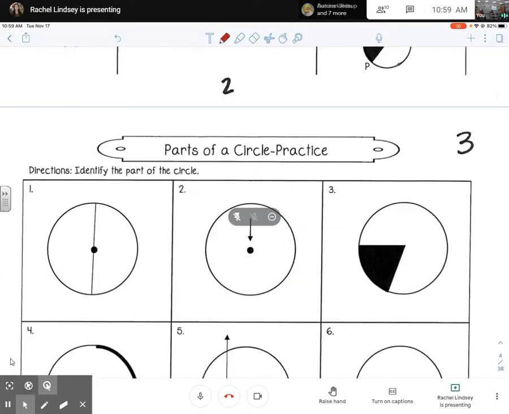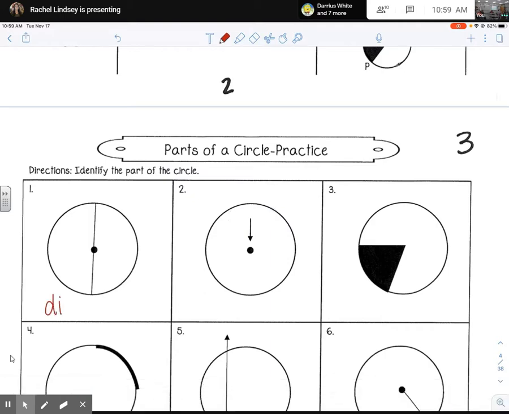What would that be? A diameter. What would that be on number 2? Center of the circle. We can just call it the center. What would number 3 be? That's a sector.